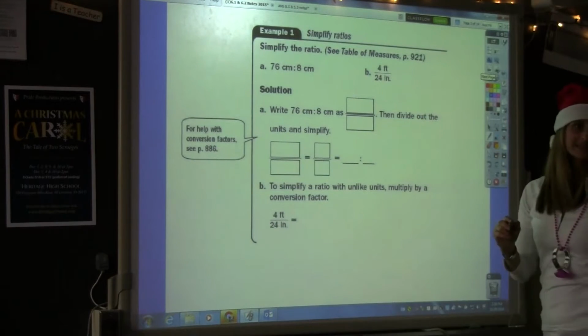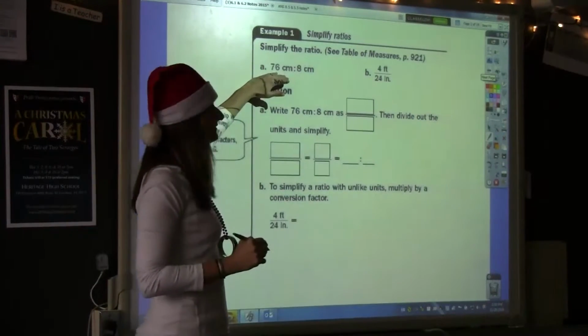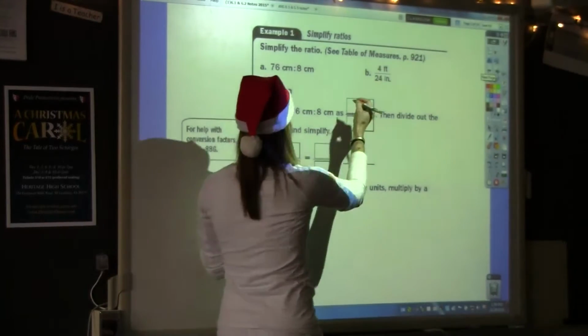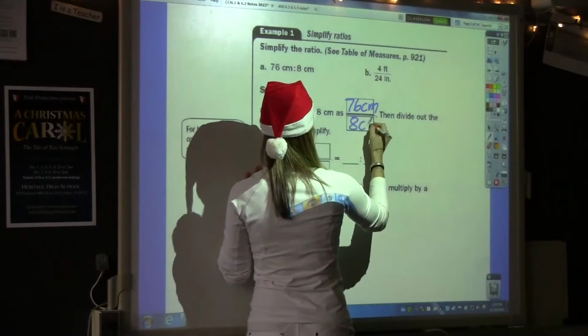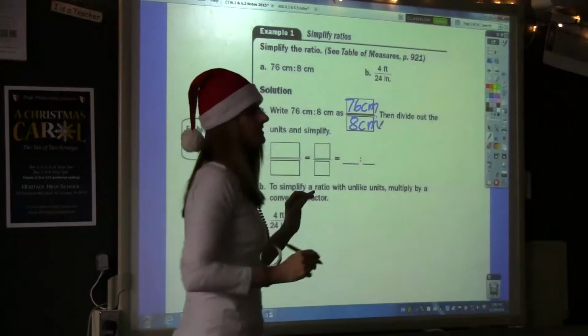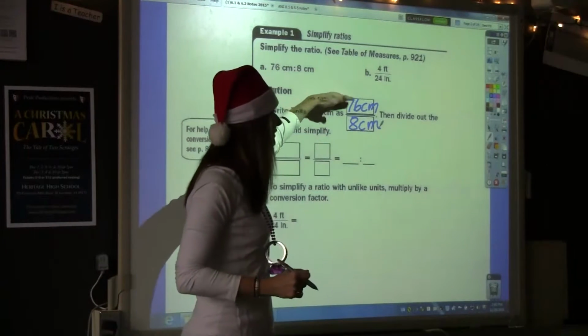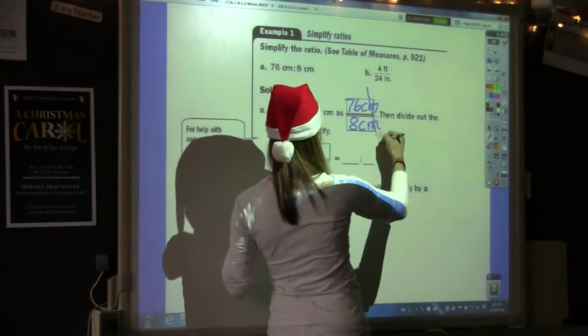Okay, so let's practice simplifying a ratio. So we start with this first one, 76 centimeters to 8 centimeters. You can also write that as a fraction. Okay. Next thing we need to do is divide out the units. The units are the same in the numerator and the denominator, so they can just cancel.